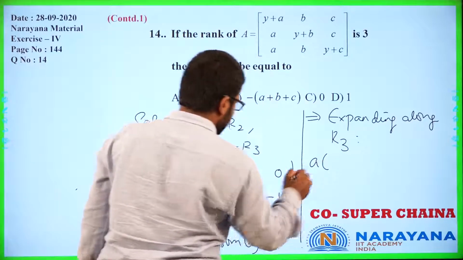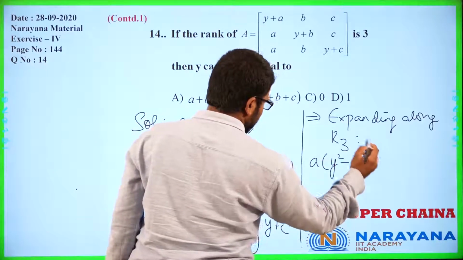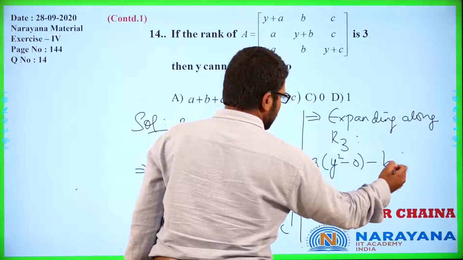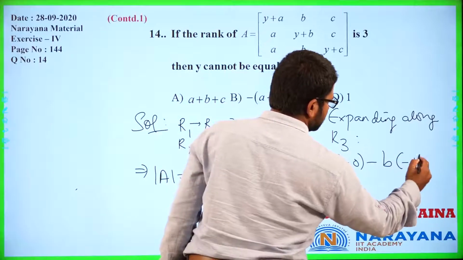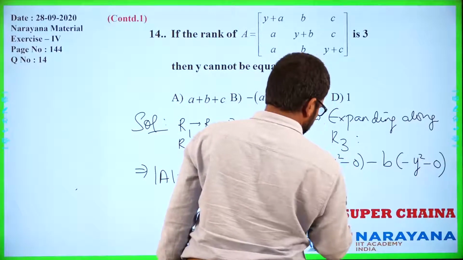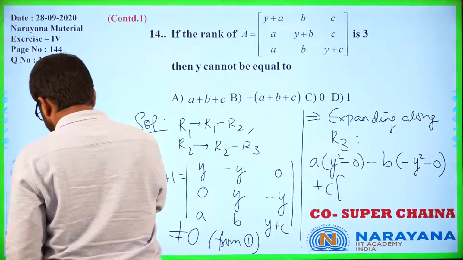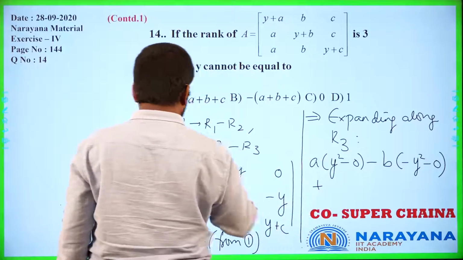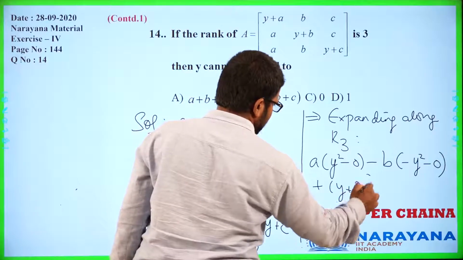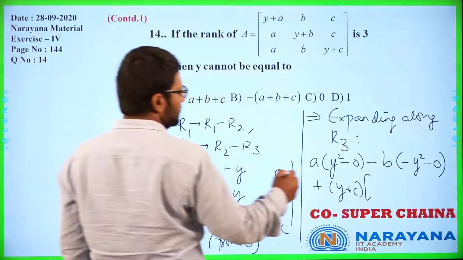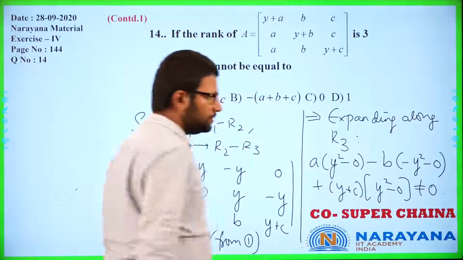So A into y square minus 0, then minus B into minus y square minus 0, and then plus C into, not C, sorry, y plus C into y square minus 0 is not equal to 0, right?